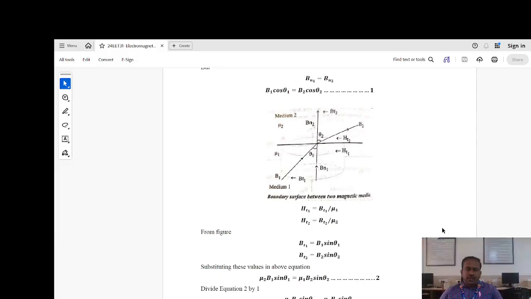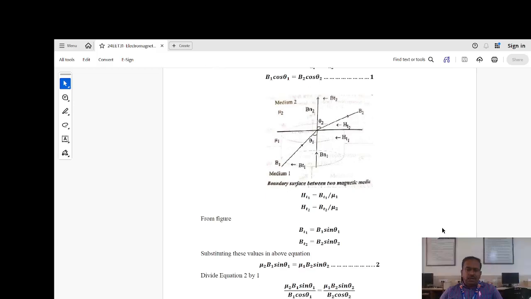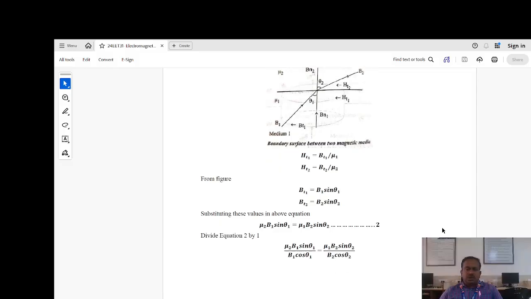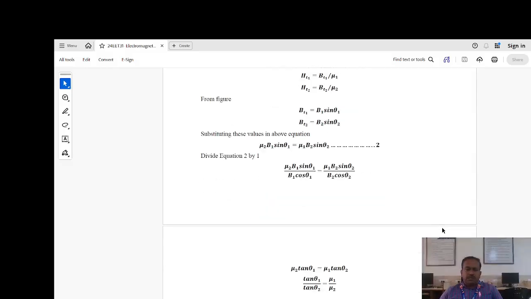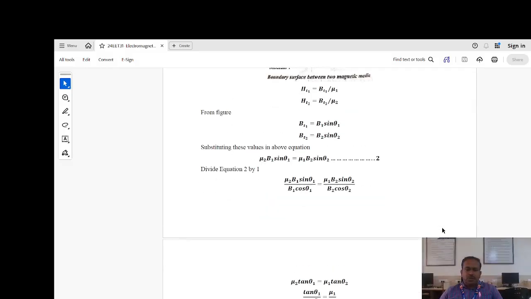Substituting these values in the above equation, mu2 B1 sin theta 1 equals mu1 B2 sin theta 2. Divide equation 2 by 1: mu2 B1 sin theta 1 divided by B1 cos theta 1 equals mu1 B2 sin theta 2 divided by B2 cos theta 2. So mu2 tan theta 1 equals mu1 tan theta 2. Therefore tan theta 1 divided by tan theta 2 equals mu1 by mu2.